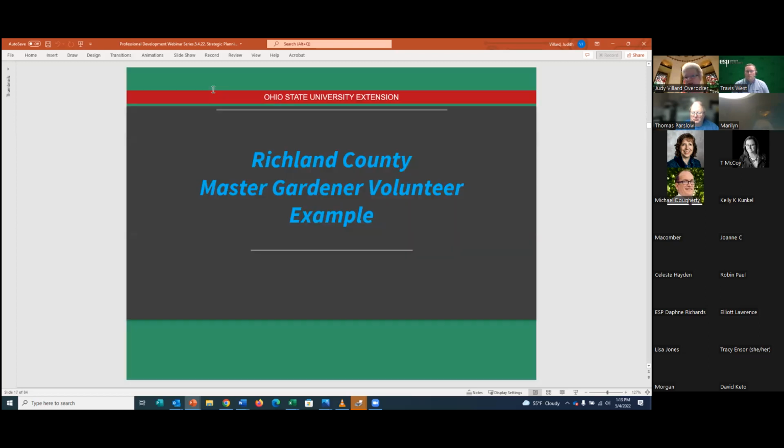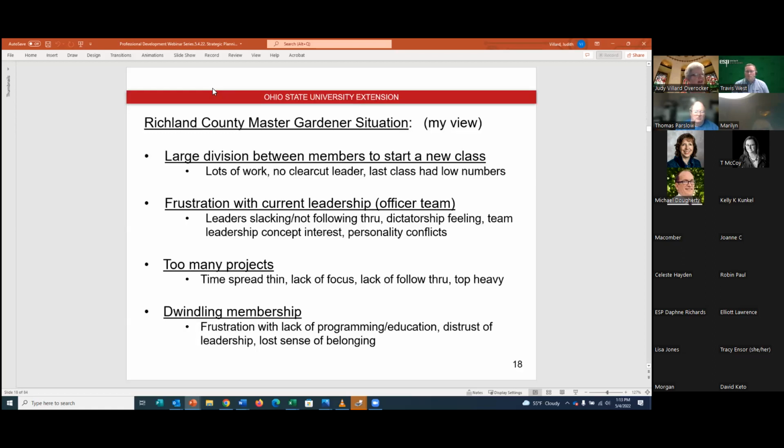So let's move into the Richland County Master Gardener Volunteer example. And I think this will be helpful for you, that you can see exactly how this works. So in my view, as I was looking at our master gardeners, I'm a 4-H educator, so I don't always work with the master gardeners. So this is a group of people that I knew well.